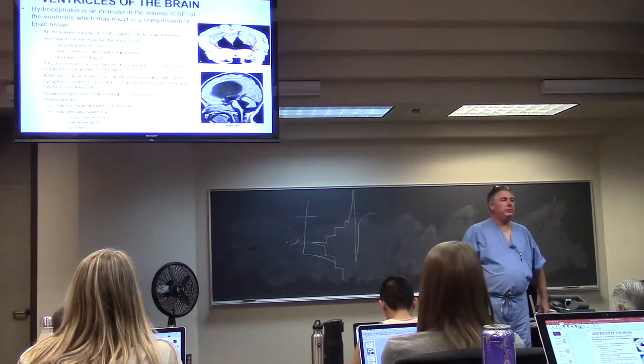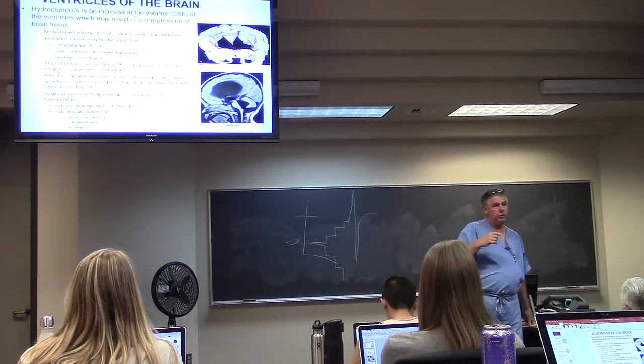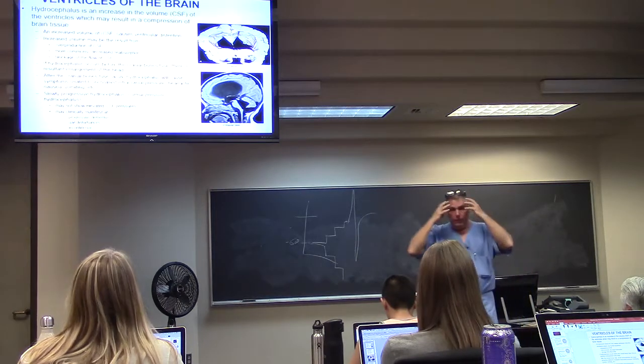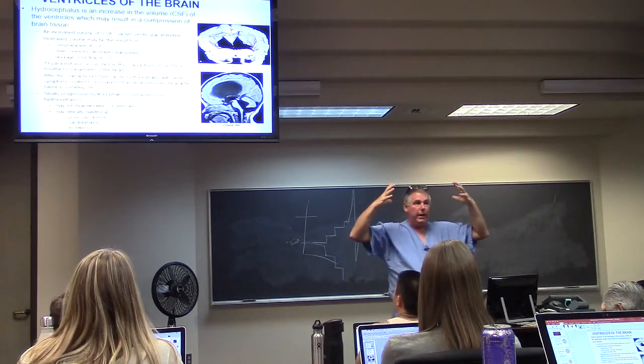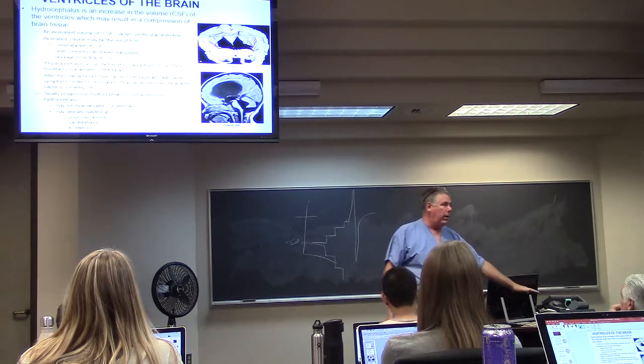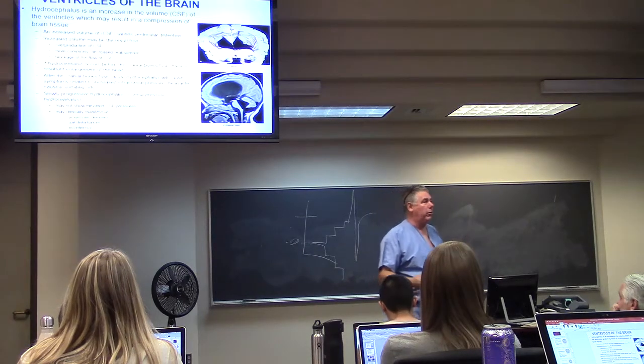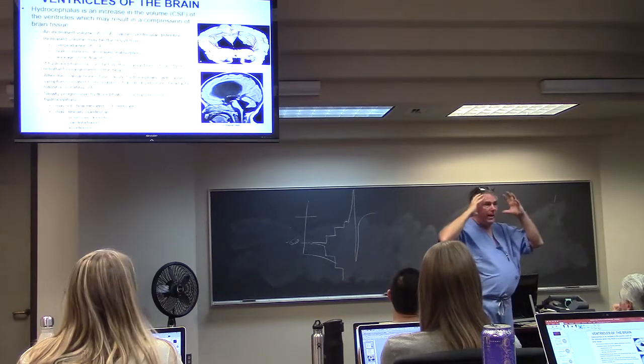If you wind up with hydrocephalus before the flat bones of your skull have fused, your head will get bigger. Back when I was growing up, it was a derogatory term about kids.